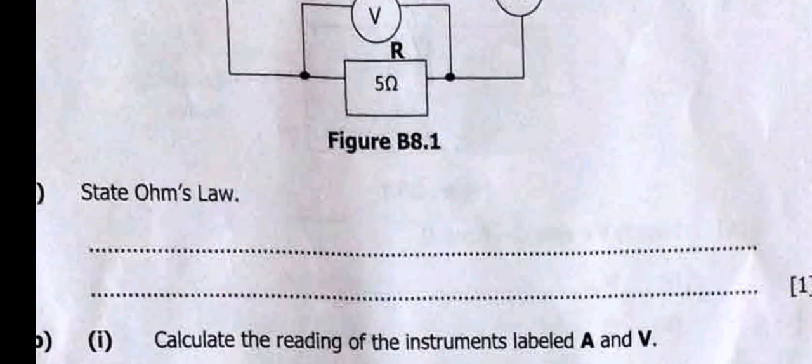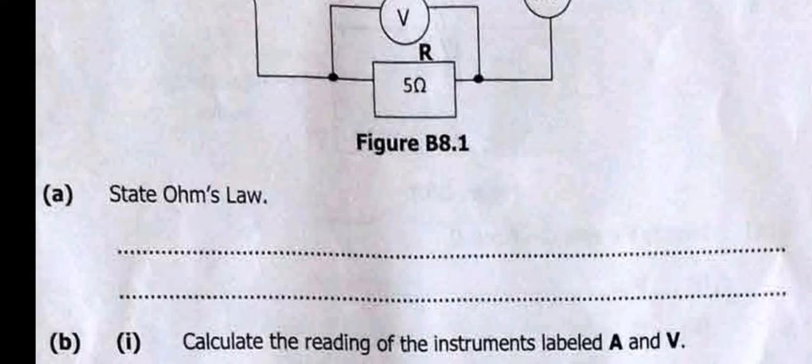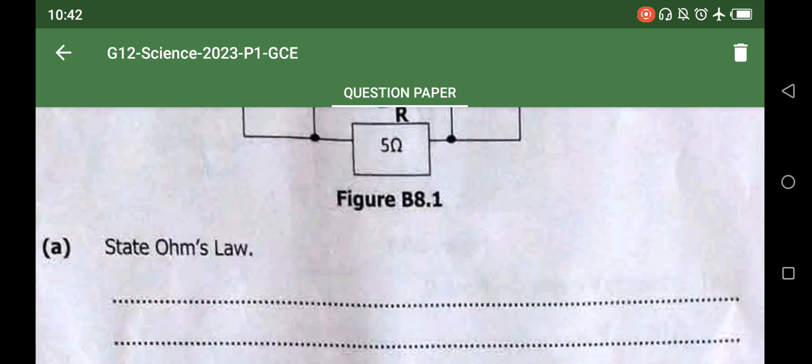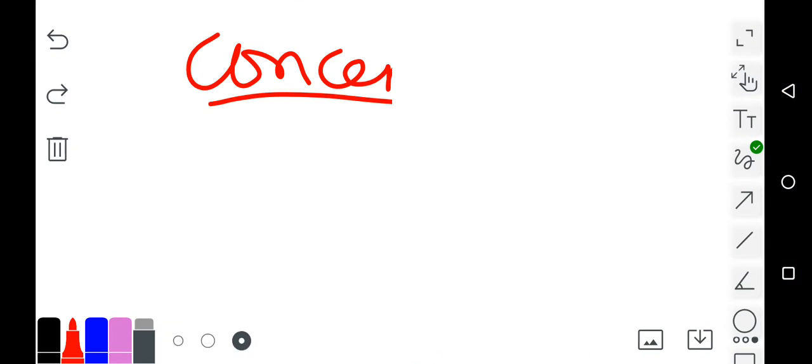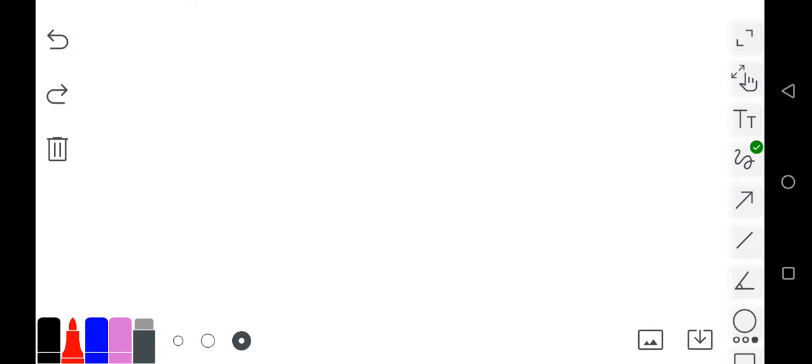Okay, so now the first question says, A, state Ohm's law. This is a very straightforward question about Ohm's law.